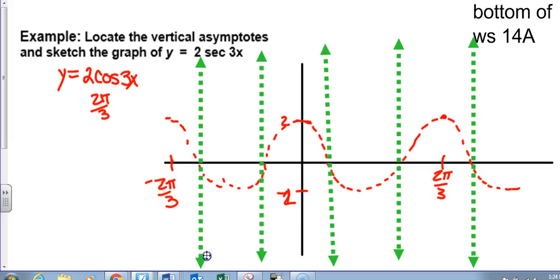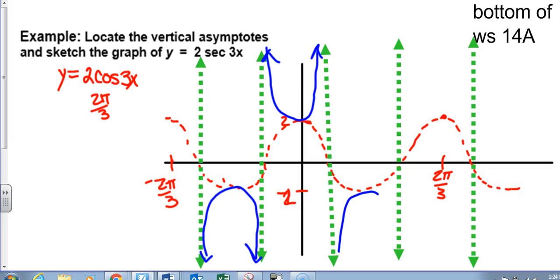All right, now I'm going to flip all my little U's the other direction. And I need some ordered pairs, and I need some equations for asymptotes.